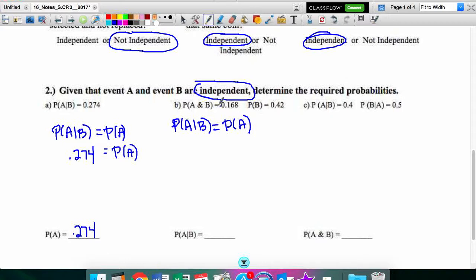So let's take a look at what we do have, the probability of A and B and B. We have an equation that relates A and B, and that would be the equation we learned back in our independent notes.